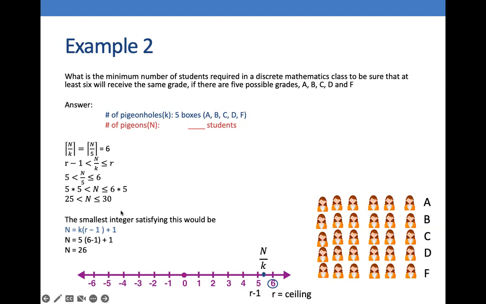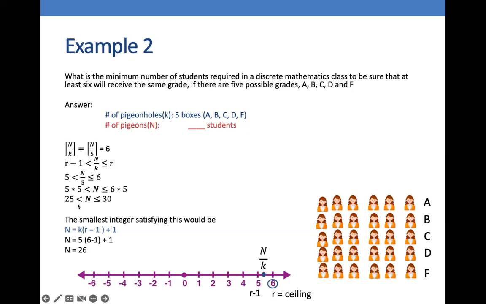What we did is we simply added 1 to 25, correct? We can use this final equation: n equals k times r minus 1, plus 1. How did we get this equation? Going back to this range, we have k times r minus 1, and then we just have to add 1.